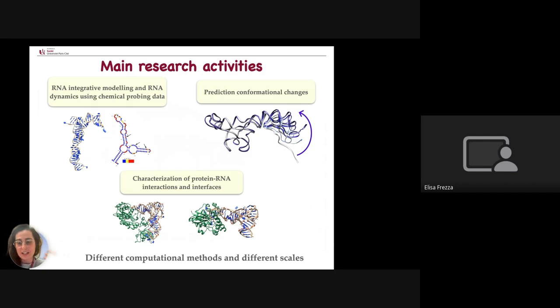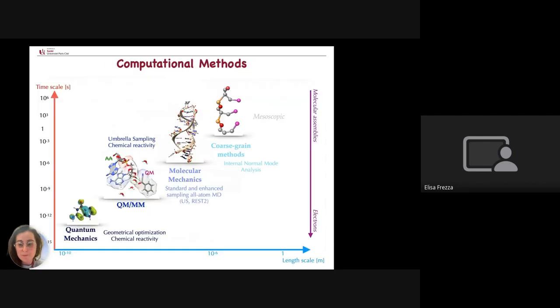To do so, as you can imagine, we can use different computational approaches at different scales. The scales that I work at are mostly three. Starting from the top, I work with the coarse-graining approach that allows us to have pieces of information, for example, on the mechanical properties, and we can also compute a normal mode analysis.